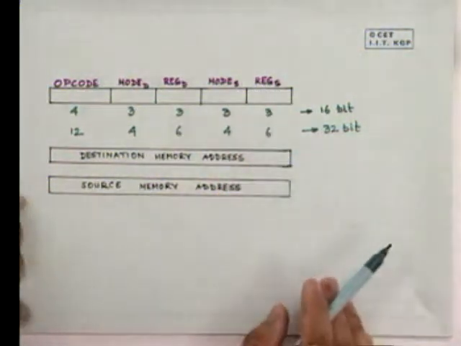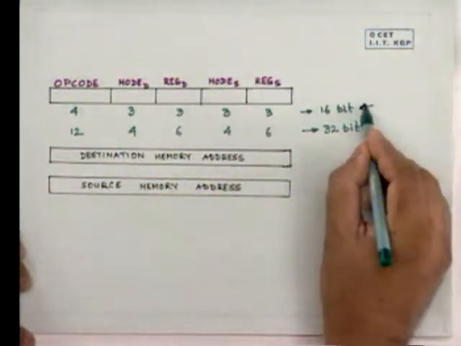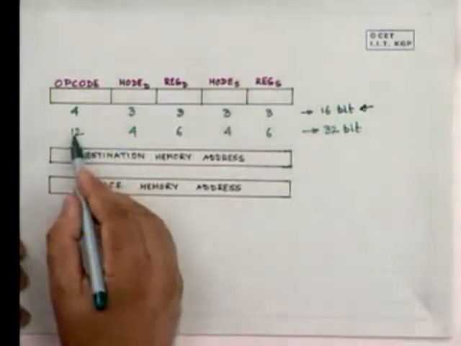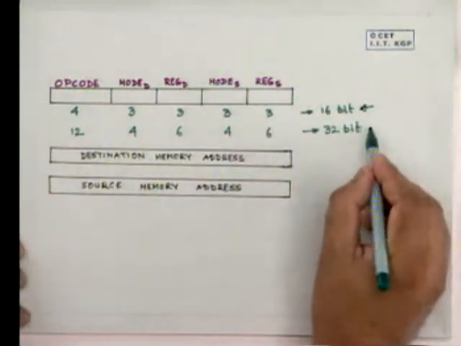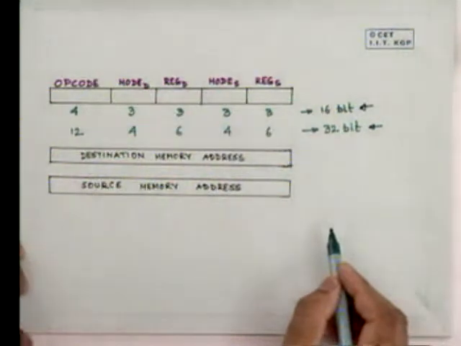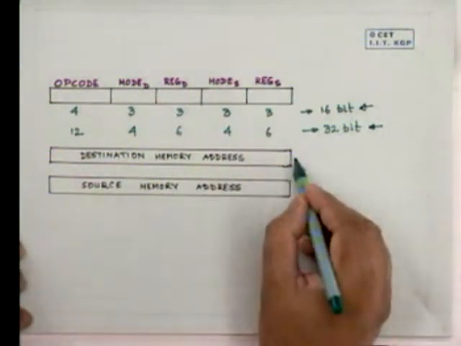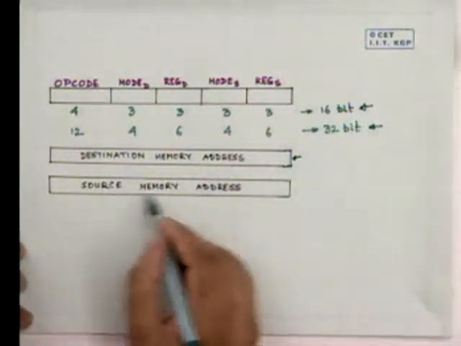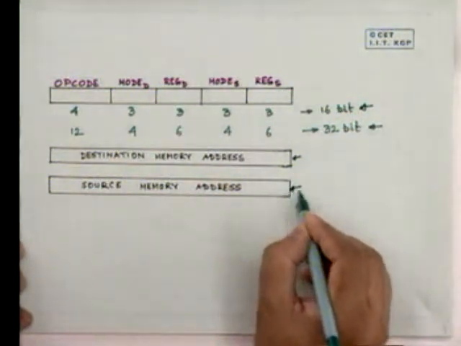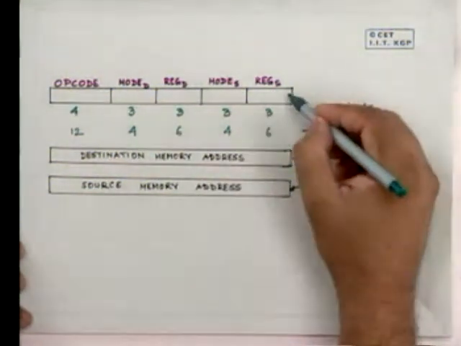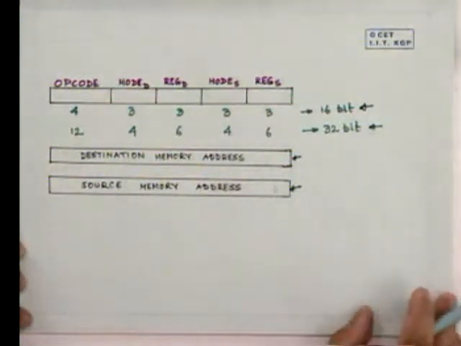That can be a 16-bit format. Possibly you can just expand it in the case of a 32-bit machine. The destination memory address you specify in the next word, and the source memory address you specify in the next word of this instruction word.